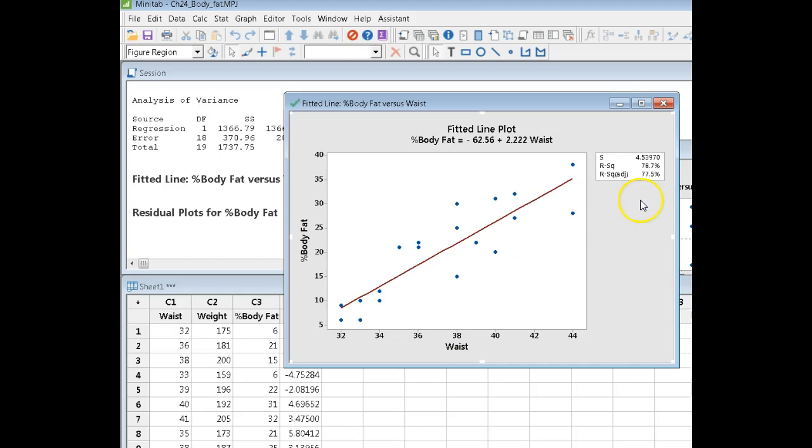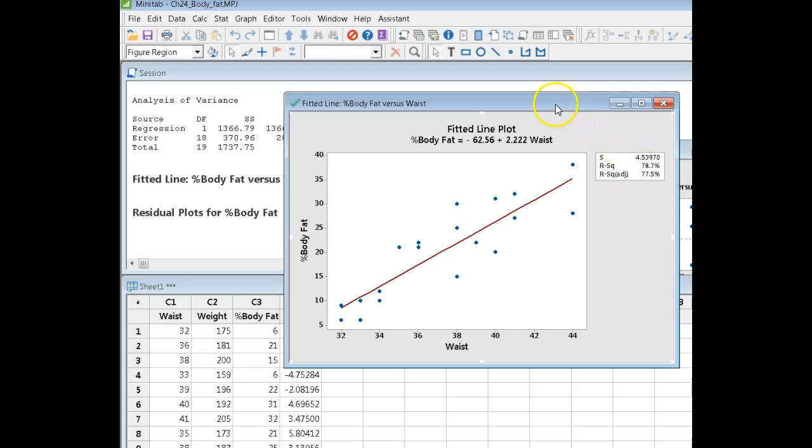If this was a perfect relationship, it should be 100%. The rest, nearly 21%, is due to random error. We haven't explained it. There may be other factors that influence percent body fat, such as weight, which is why weight is in this data file, but we are not going to be talking about it.